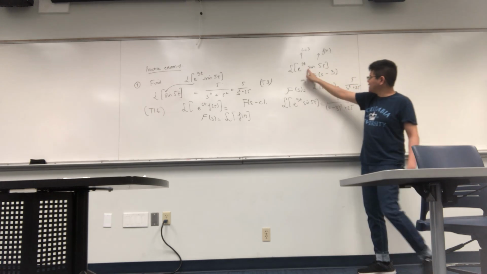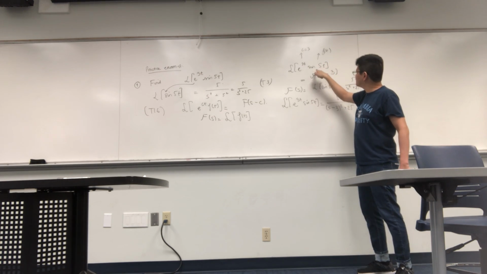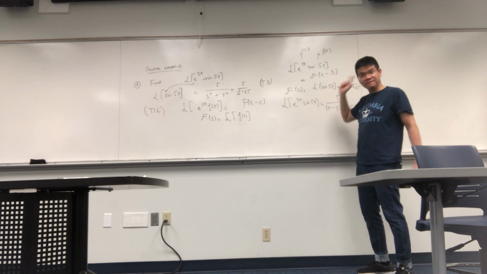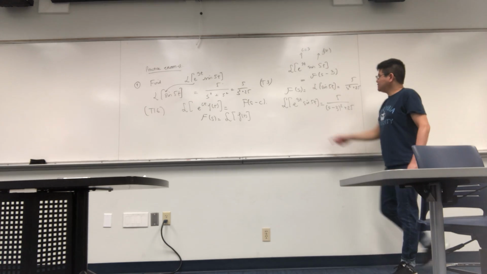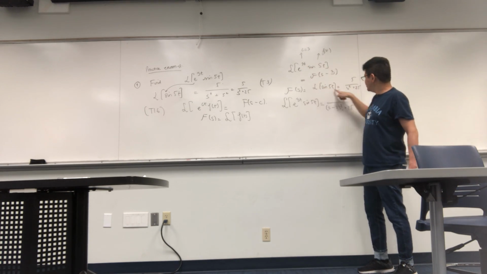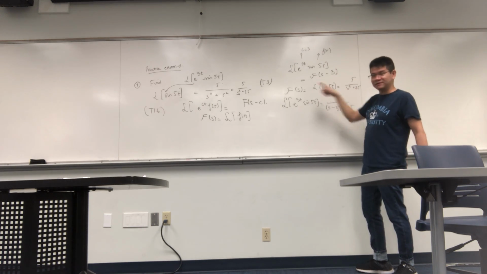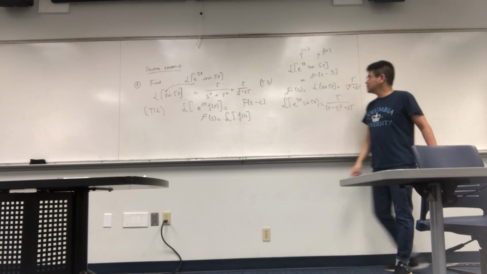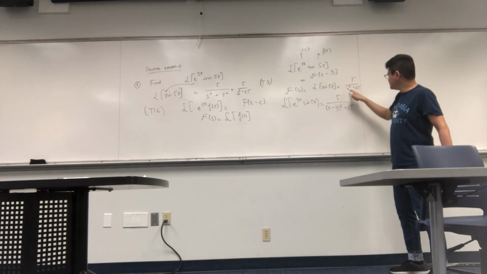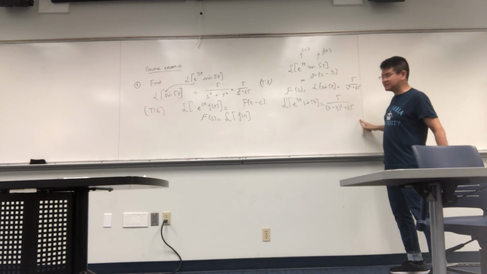So you take the Laplace transform of sine 5t and shift it by 3. The Laplace transform of sine 5t is 5 over s squared plus 25 because you computed it here. So now you just have to replace s by s minus 3, and this is basically the answer.